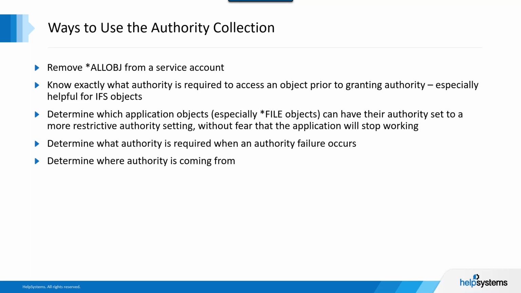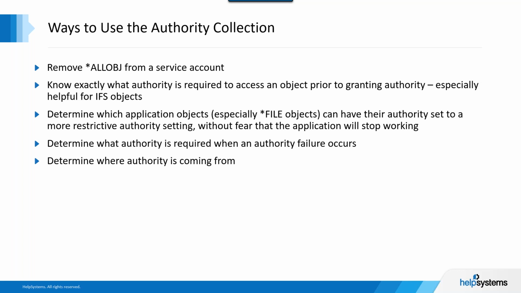But that ZC record is kind of tricky because it may not just be a straight up update. It may be something like add physical file member, which requires more than change. So the nice thing about the authority collection is that it's going to tell us all of that information.